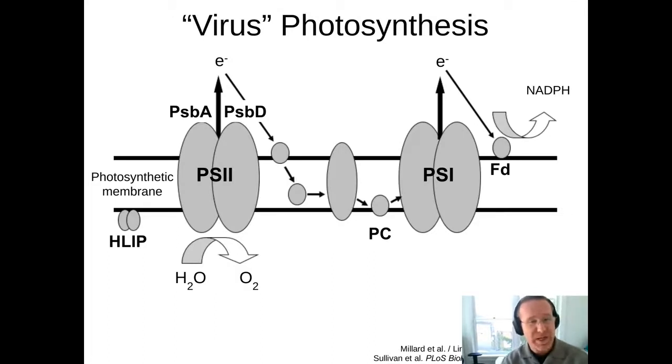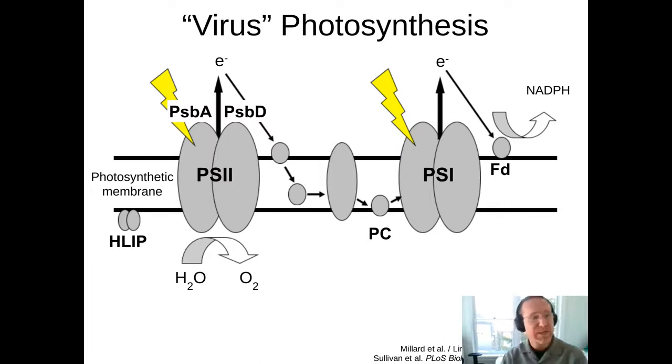This is a photosynthetic membrane in a cyanobacterium, for example, where we have two photosystems, PS1 and PS2, embedded in the photosynthetic membrane. A photon of light would strike the first photosystem, excite an electron, and pass that through a series of electron donors to the second photosystem, where a second photon of light would strike and excite another electron.